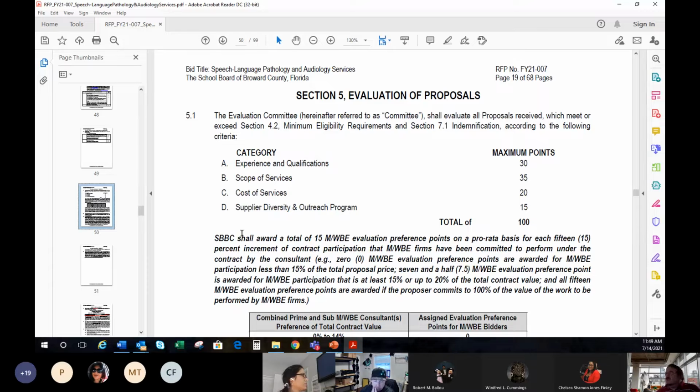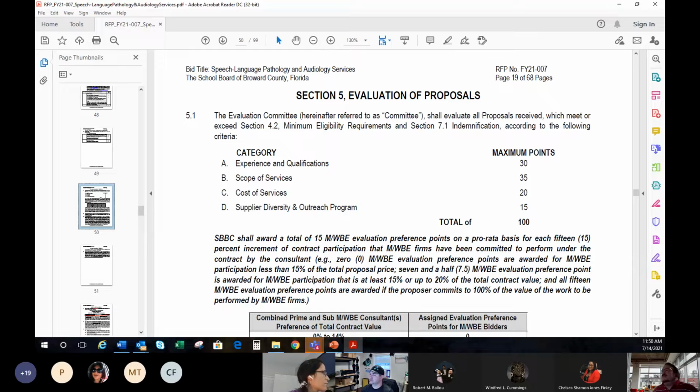You can ask whatever questions you want, and those would be answered in an addendum back to the proposers or bidders so that they understand the answer to that question. Thank you. So again, an RFI is only to request information, and the solicitations that are awarded are either an ITB or an RFP.